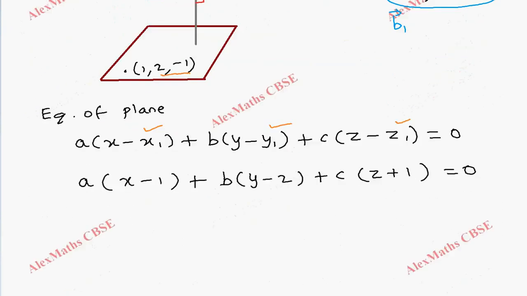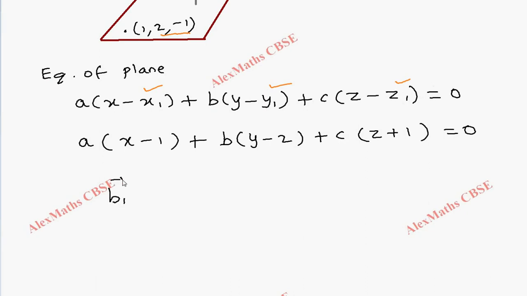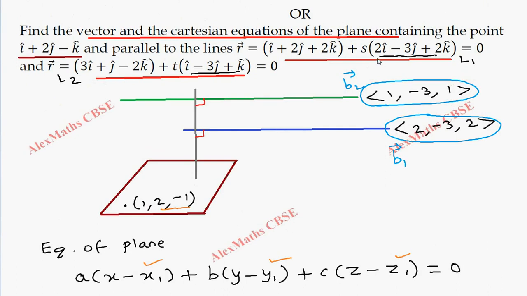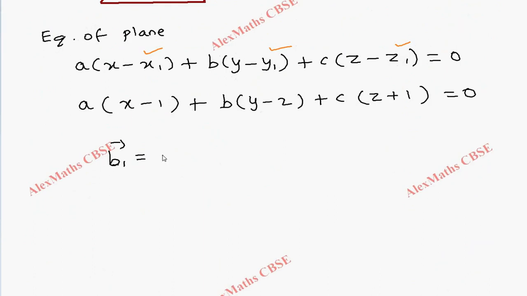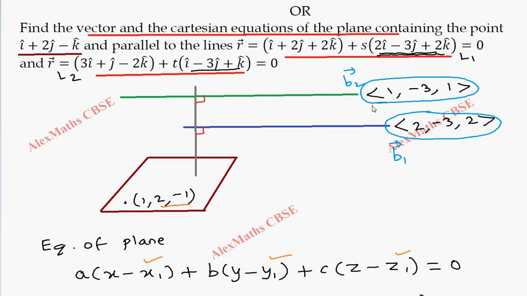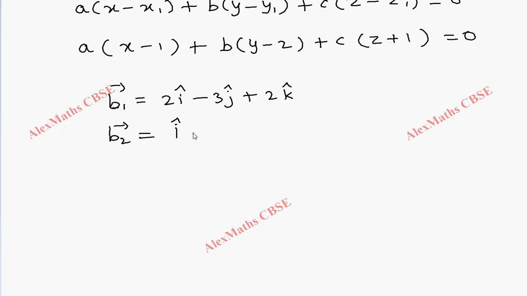So let's write it here. b1 vector, writing in terms of i j k, we get back the same thing: 2i cap minus 3j cap plus 2k cap. And b2 vector from the other line is i cap minus 3j cap plus k cap.